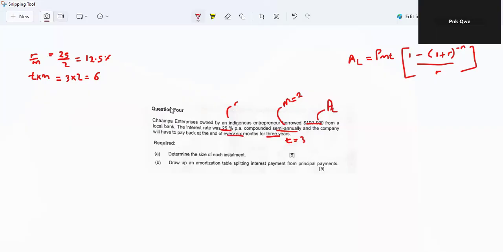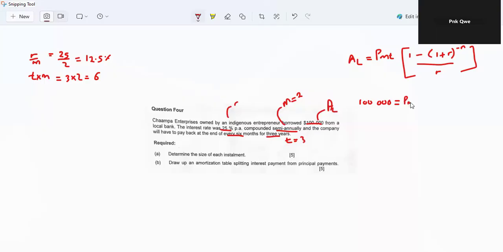Okay, so now we need to calculate our amount. The loan amount is 100,000. Payment, we don't know.